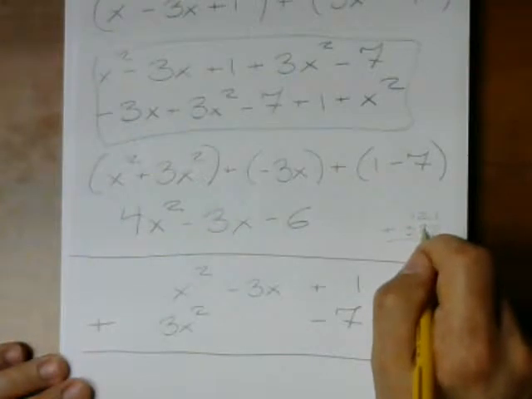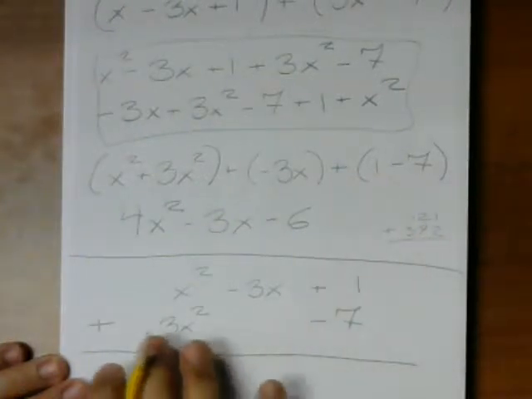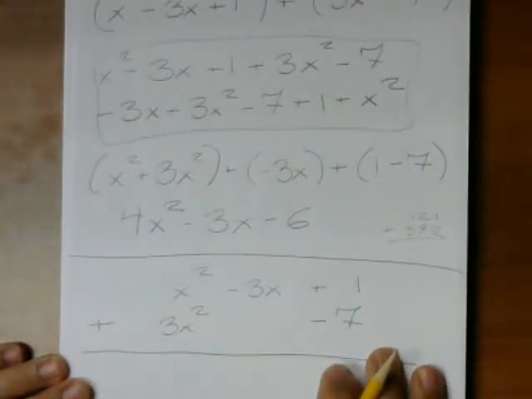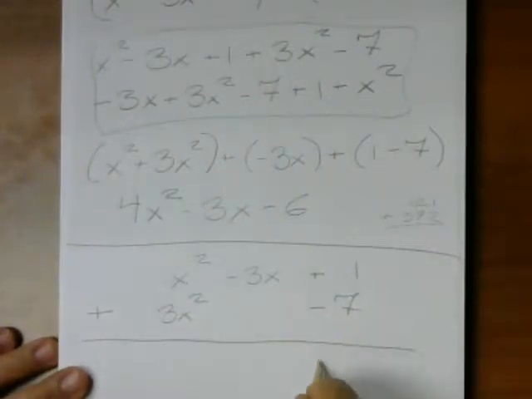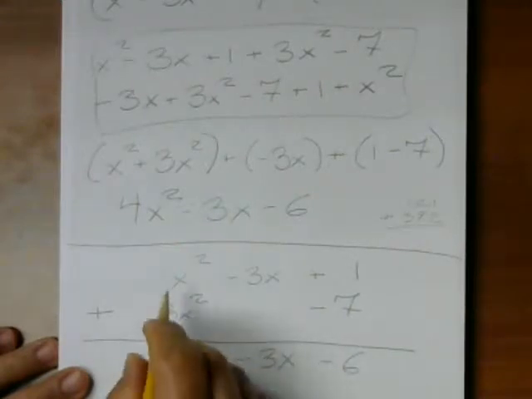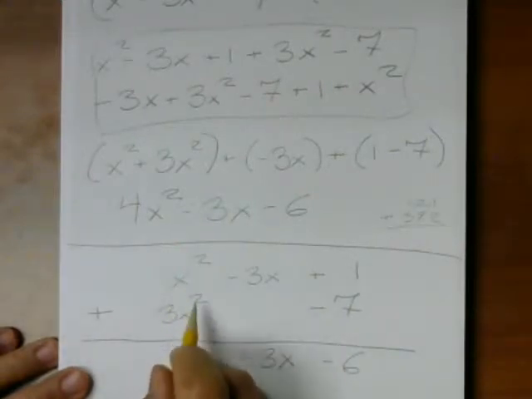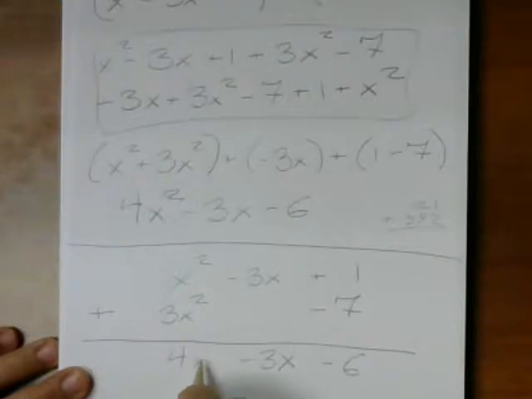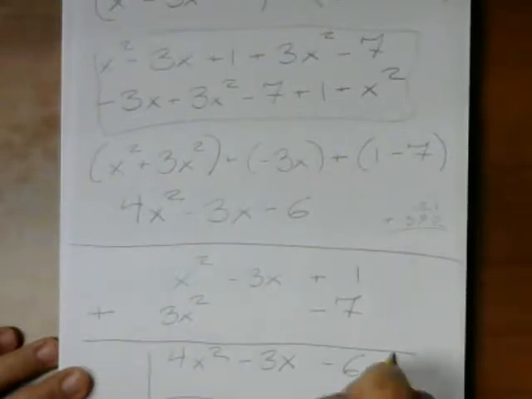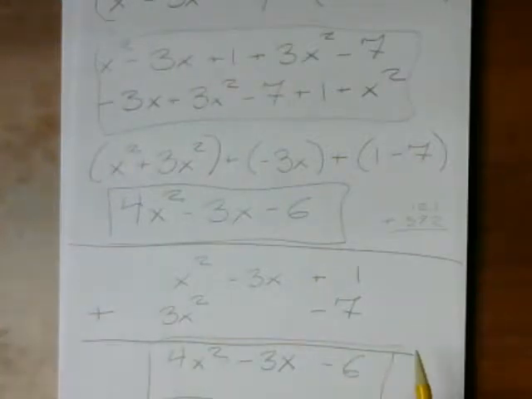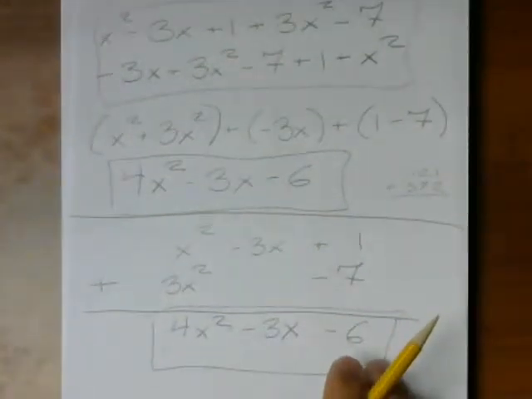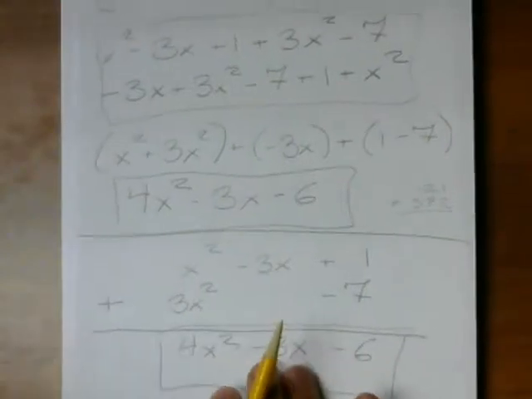Of course, here we might have to carry something over. Well, by writing the polynomials like this, I can basically do the same thing. I have 1 minus 7, so that gives me minus 6. I have a minus 3x here, and I have 1x squared plus 3x squared, so that gives me 4x squared. And notice that we get the same answer, because it doesn't matter which way we do things, as long as we don't make any mistakes, we are always going to get the same answer.